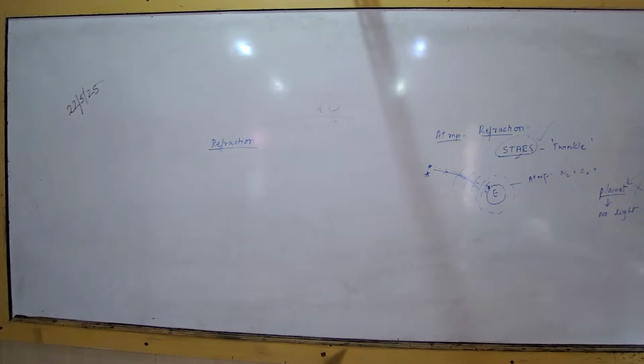We are thinking of the starlight coming from a very long distance as if it is coming from a point source.